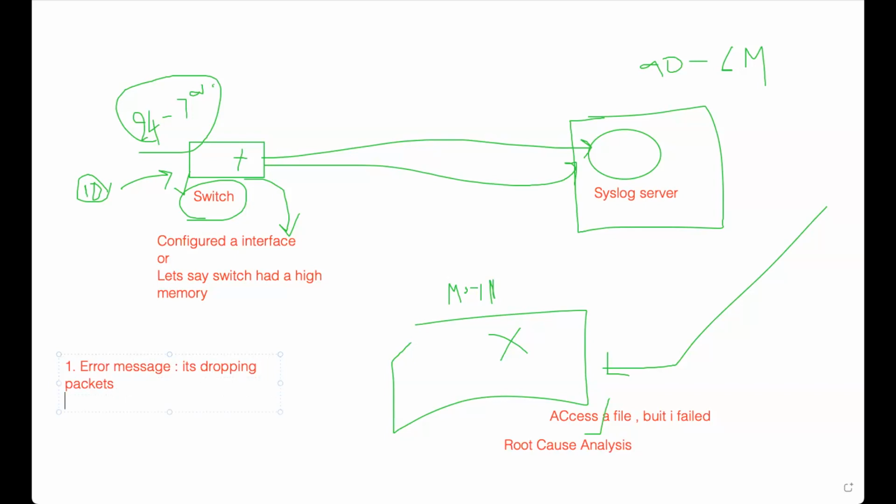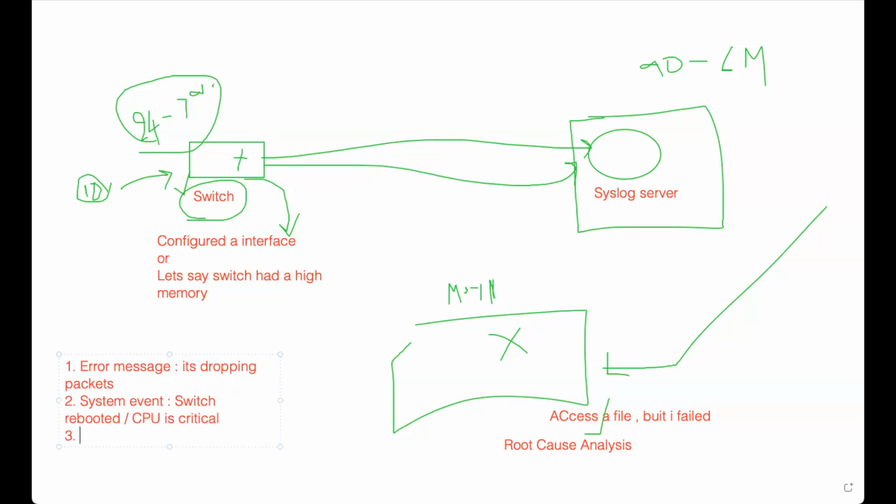Or the next type of message, a system event, meaning like the switch rebooted, or the CPU is critical. So these are system events.